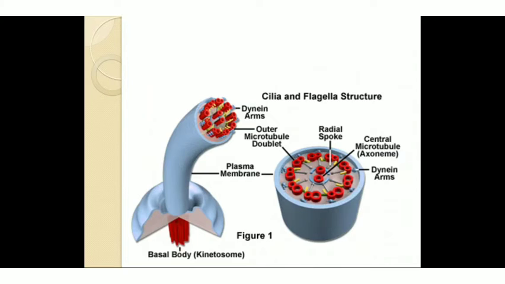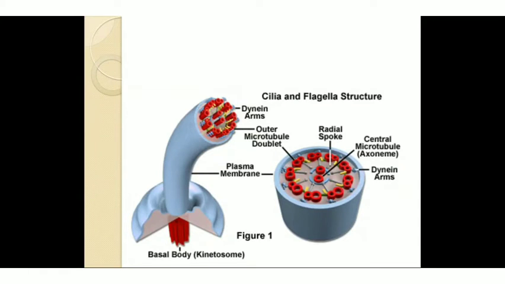You can see at the bottom the red colored structure where all the microtubules combine together. It arises from the lower body, which is known as the kinetosome.